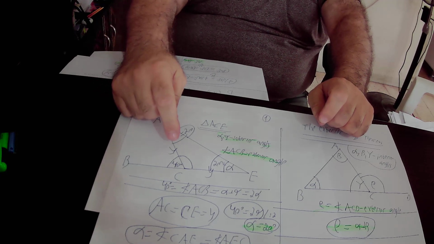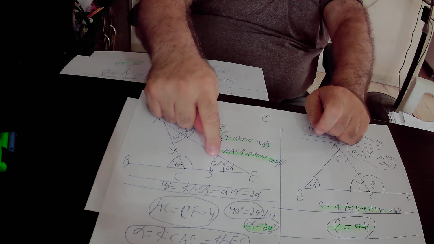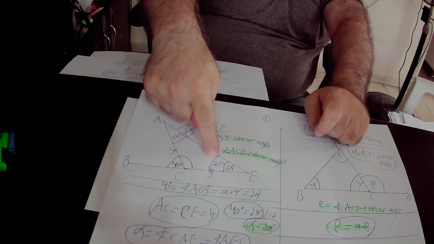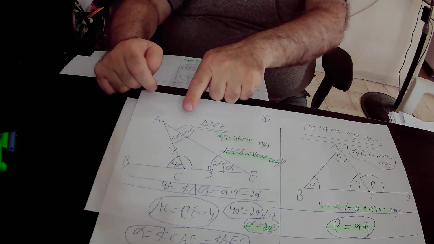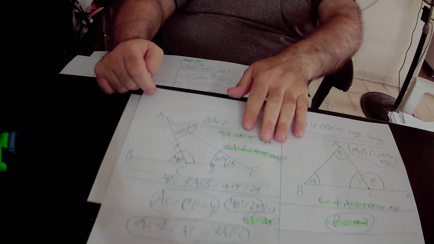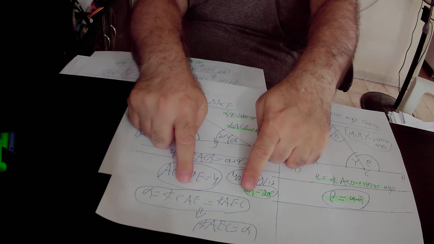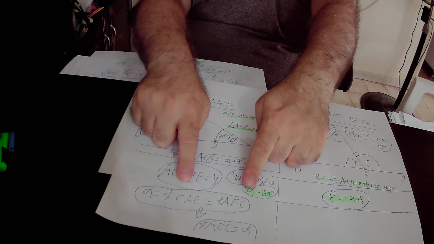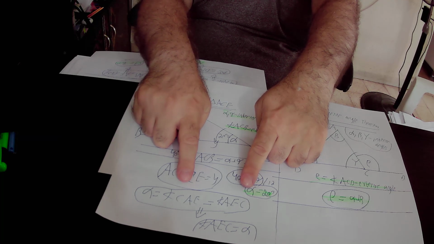So in front of side AC we have angle AEC, and in front of side CE we have angle EAC. Those two angles must be equal to each other because they are located in front of equal sides. That is to say angle AEC equals angle CAE.